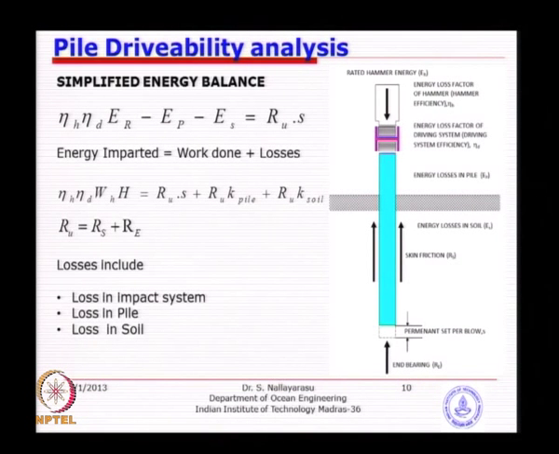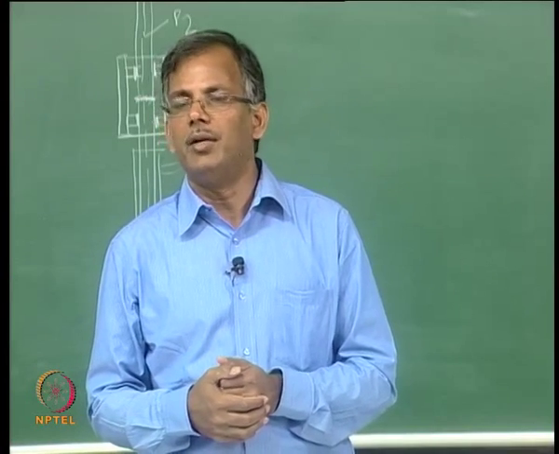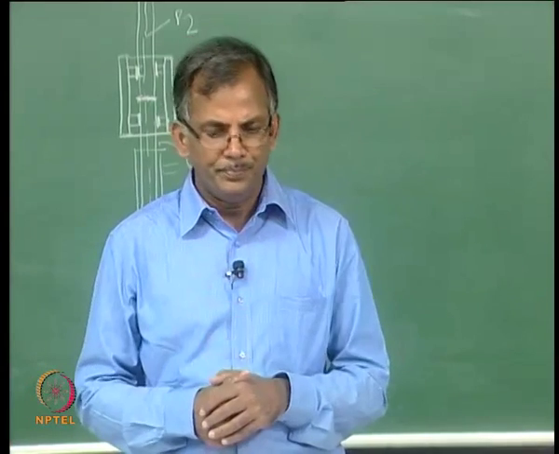Theoretically, you calculate the energy in terms of joules or kilonewton meters, minus the energy loss in the pile itself because of compression. The energy absorption in the soil should be equal to the work done internally, which is the resistance given by the soil multiplied by the set value, which is nothing but your displacement.